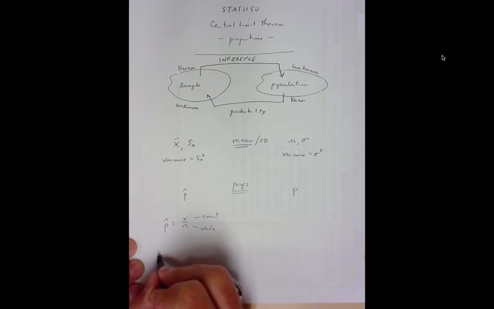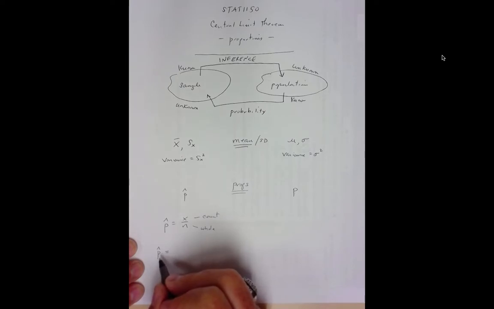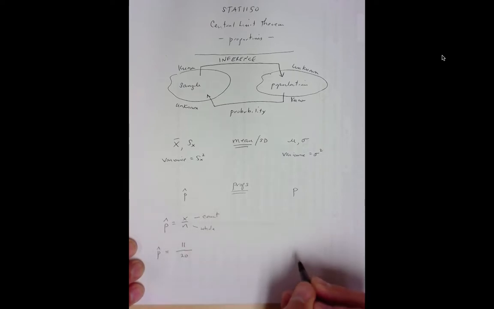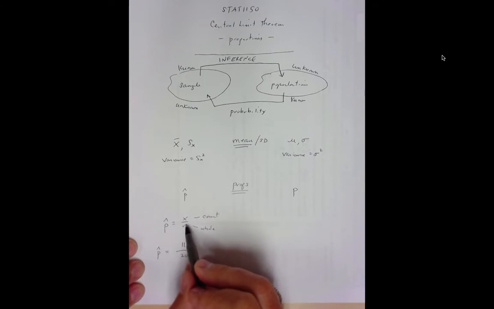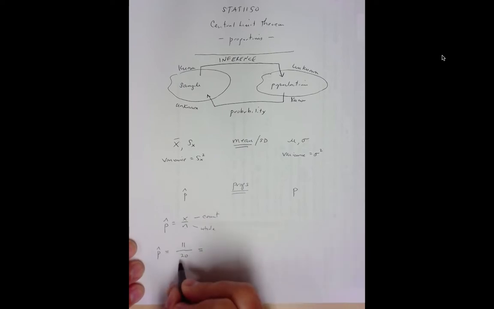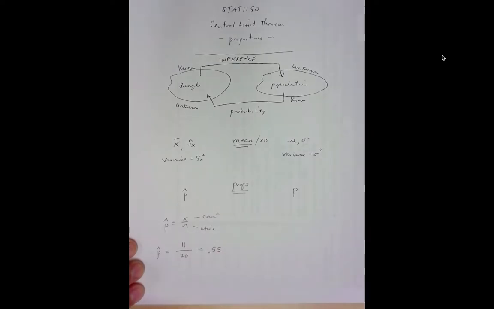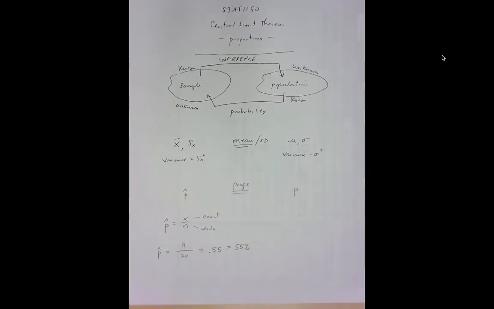So if I'm interested, for example, in a class of mine, the proportion of students who are female, and let's say I count you guys, and there's 20 students in my class, and there are 11 females. The top number is the count of whatever I'm measuring, and n is the total number, the whole, which in this illustration will be 20. So guys, I could rewrite that as a decimal, 0.55, or I could rewrite that as a percentage at 55%.